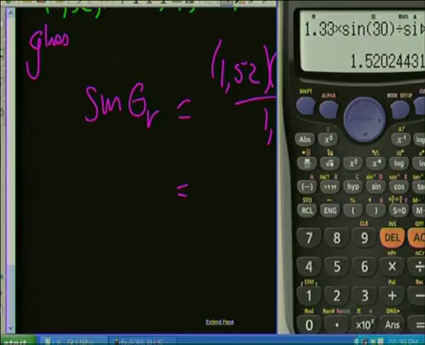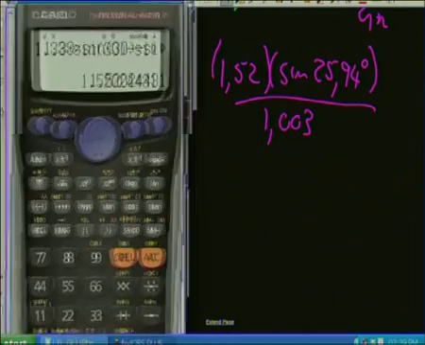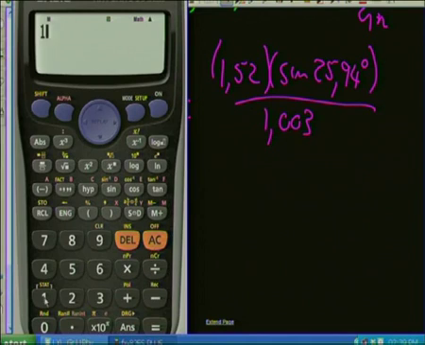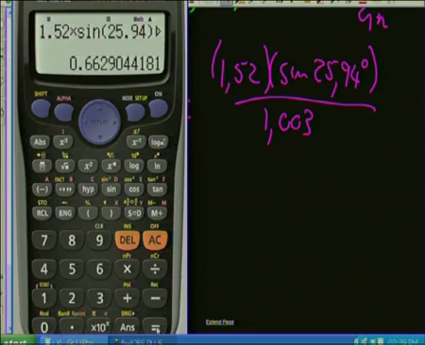Put it into the calculator, and I need to just move the calculator across so I can clear it and then put the values in. 1,52 times the sine of 25,94, and then I'm going to divide that whole thing by 1,003. Gives me an answer of 0,663.